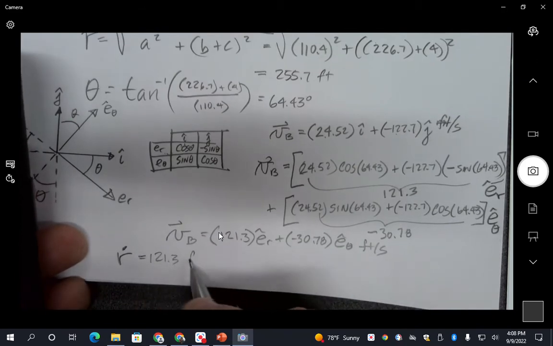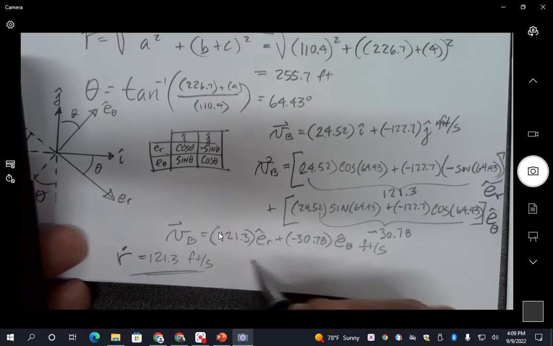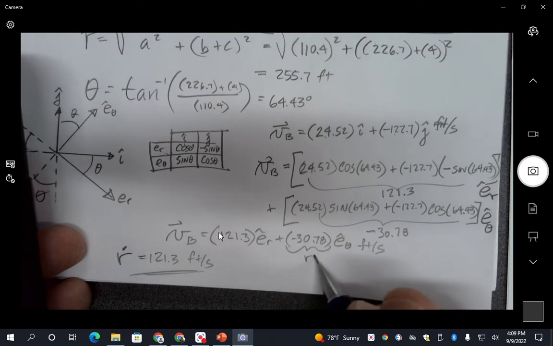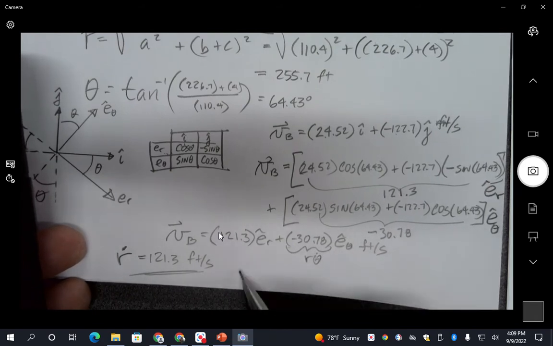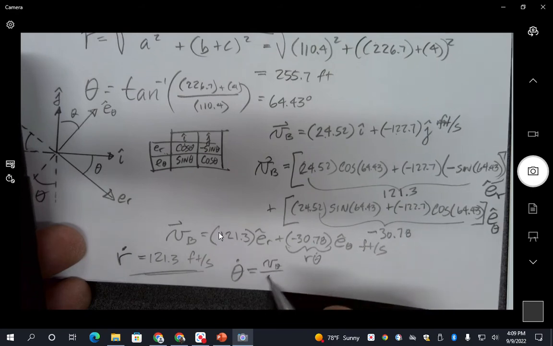Okay, so we know that R dot from this is going to be equal to 121.3 feet per second, right? That's one of the things we wanted. And the other one, we know that this guy right here is going to be r theta dot. So all we have to do to get theta dot is take that component, the v theta, divided by r.